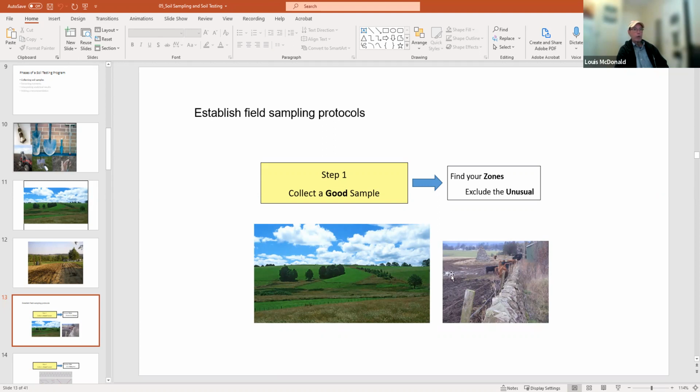So you definitely don't want to sample this part of the soil, especially if you think it's going to represent this part of the pasture in the background here, right? This would be an example of a place to exclude. We exclude fence lines, we exclude trees, tree lines, anywhere that doesn't represent the main area that you're going to represent.